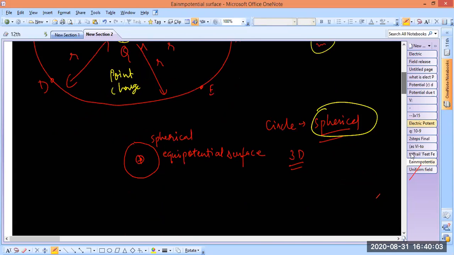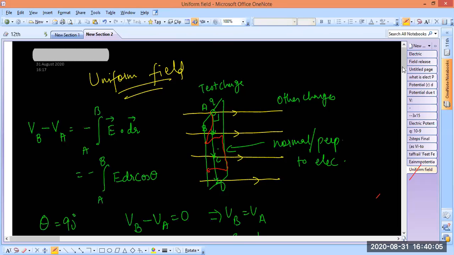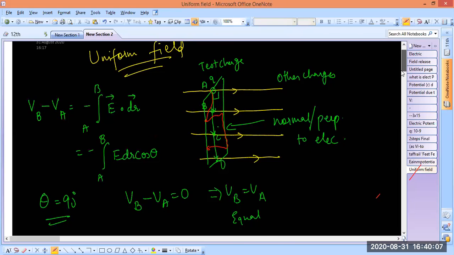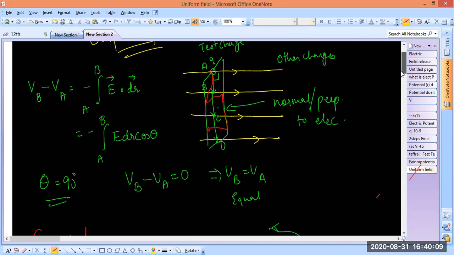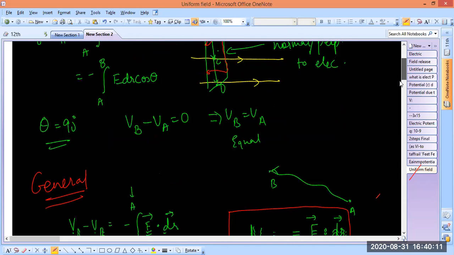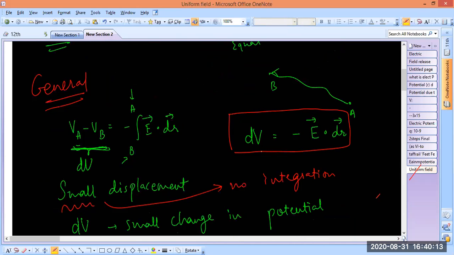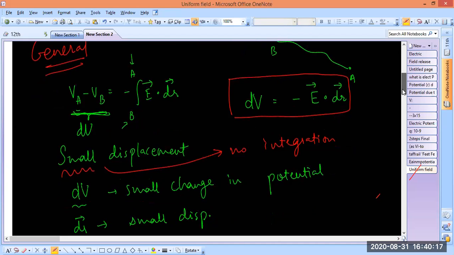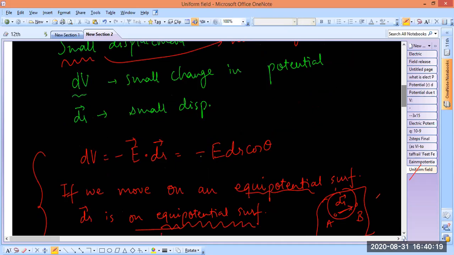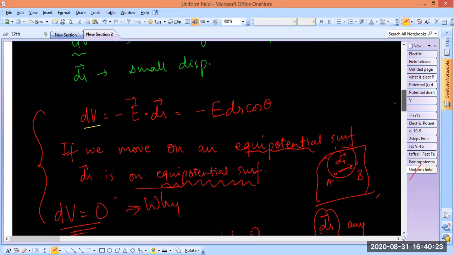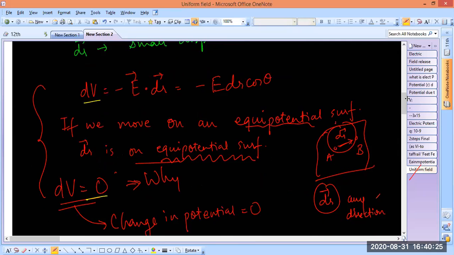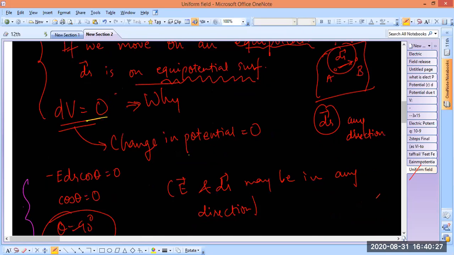Then we talked about what's the relation between electric field direction and equipotential surface. As you can see, I said that in general, if you write dV is minus E vector dot dr vector for small displacement, then to get dV equal to 0, you're going to have to put E vector and dr vector perpendicular to each other.